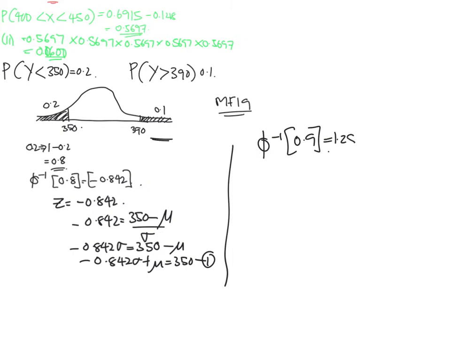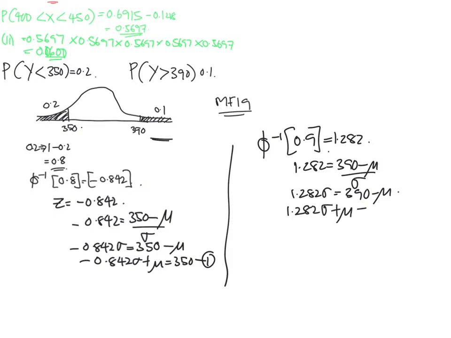So 1.282, that's what I've got. So 1.282 equals 390 minus mu over sigma. So 1.282 sigma equals 390 minus mu, and then you add that, 1.282 sigma plus mu equals 390. That's our second equation.